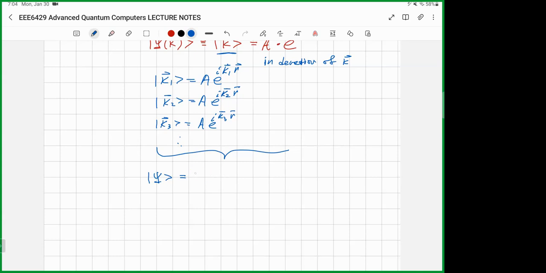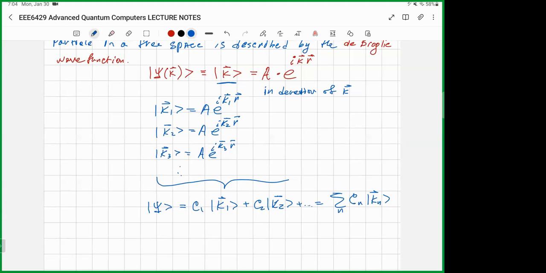Let's write this step by step: C1 vector k1 plus C2 vector k2 plus etc. So it's equal to the sum of Cn kn vector. This is what I mean by this vector.